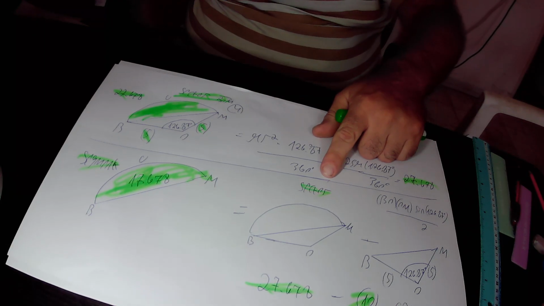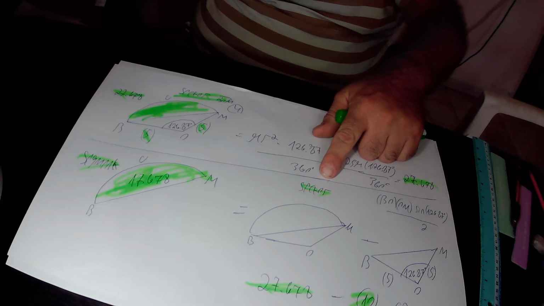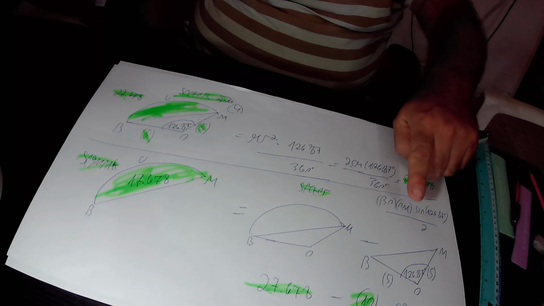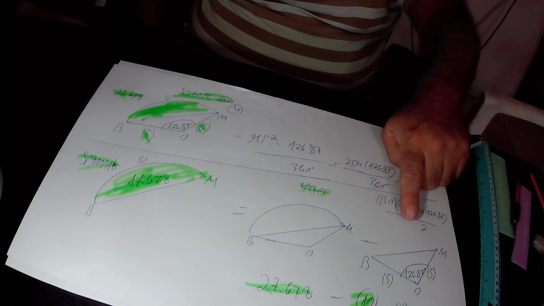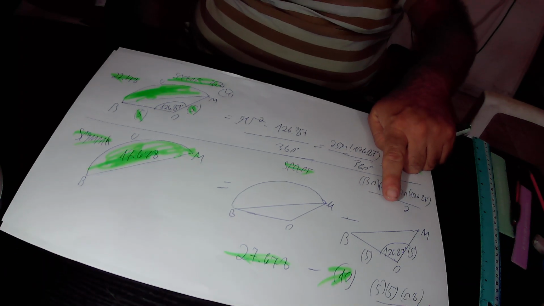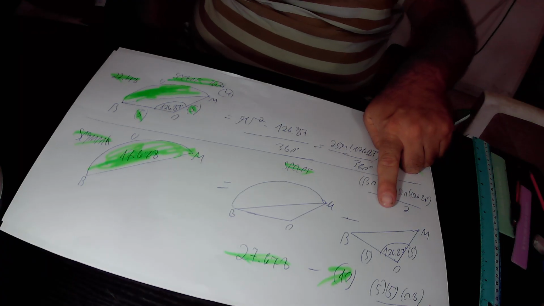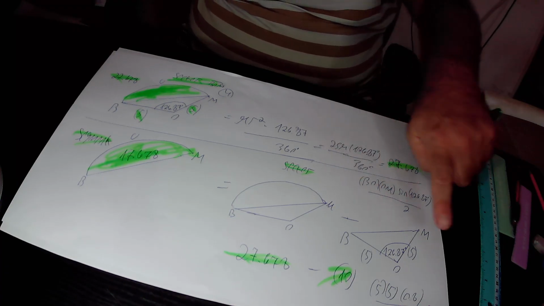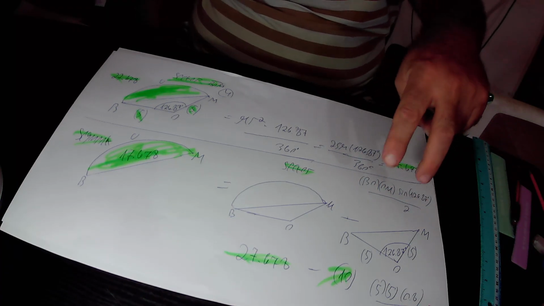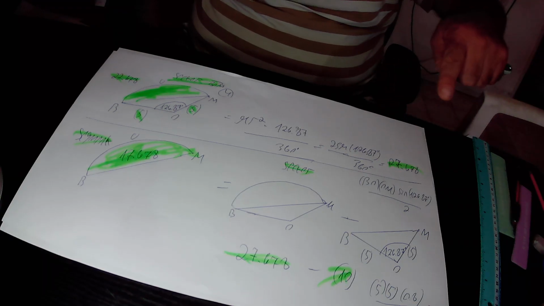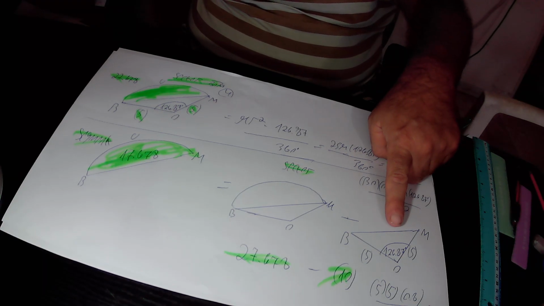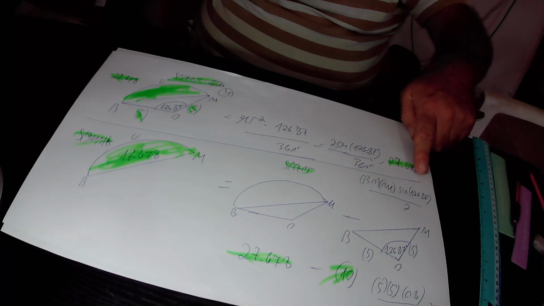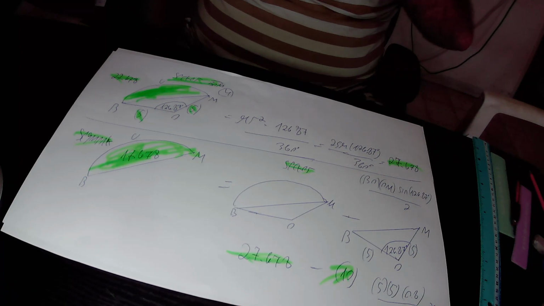We already found that the area of this sector BOM equals 27.678 square meters, minus the area of this triangle BOM. Use the new formula to find the area of triangle BOM. It equals BO times OM, the two sides, times sine of the angle between them, 126.87 degrees, divided by 2.